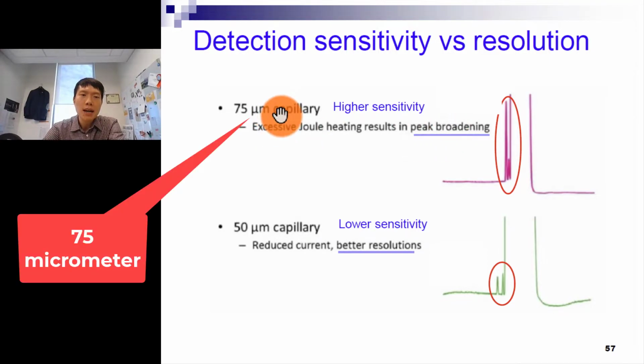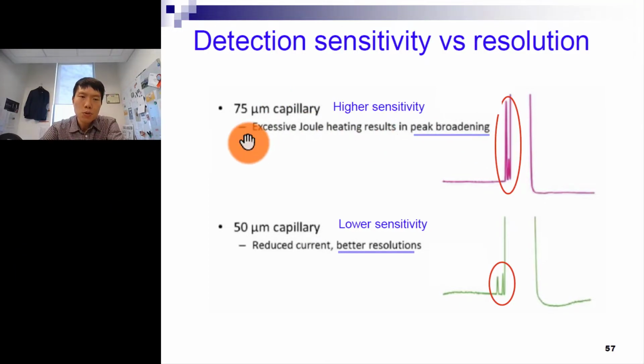When we have a 75 micrometer internal diameter here, it provides a higher sensitivity. The reason is, when you have a bigger volume internally, there's a bit of excess Joule heating. So with that, you have peak broadening, which means there's some overlap. But what you want is to resolve the peaks such that they are not overlapping, so you can see distinctively what the different peaks correspond to, which analytes.